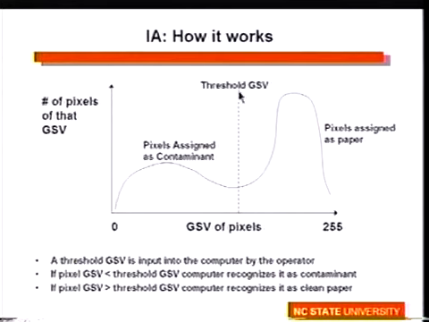And really, I should mention at this point, this threshold is the key critical consideration for defining what dirt is. If we put this threshold too low, we're going to undercount dirt. Too high, we're going to overcount dirt. And it's not really trivial where to put this threshold. In fact, if you look at real paper samples with low concentrations of dirt, this peak is very, very small, and this peak is a little bit sharper.